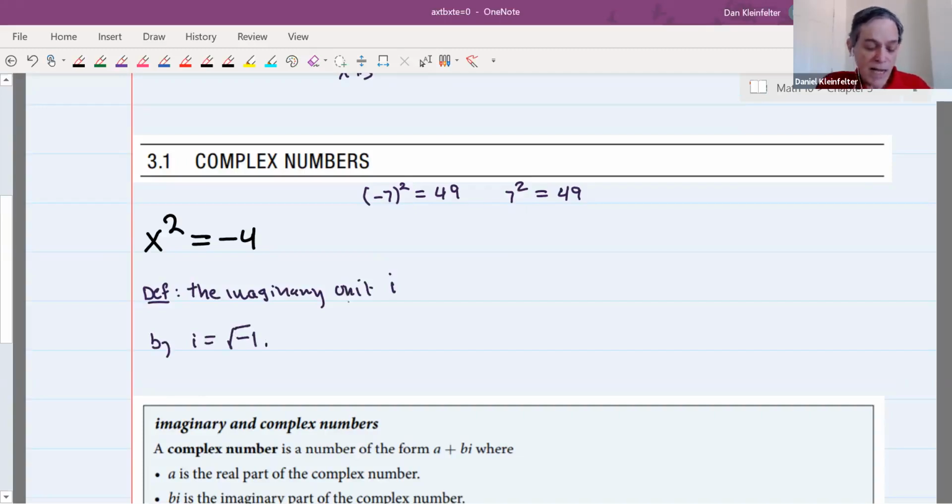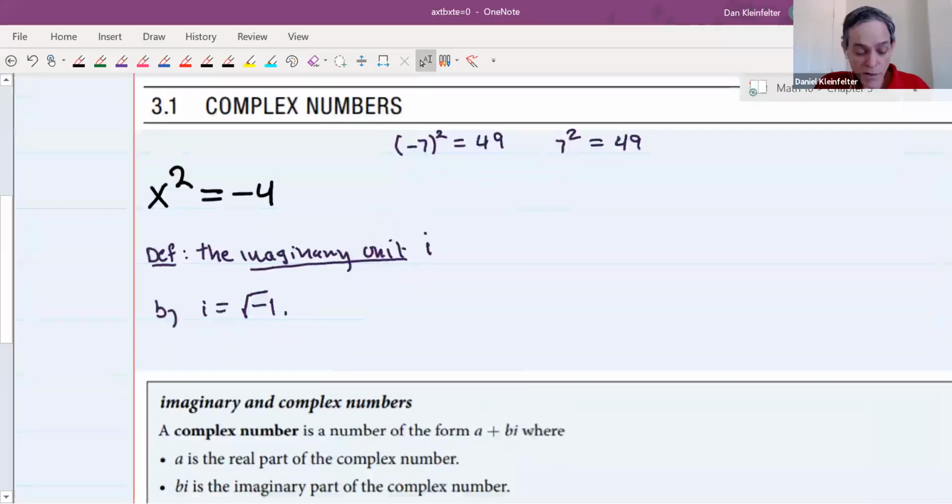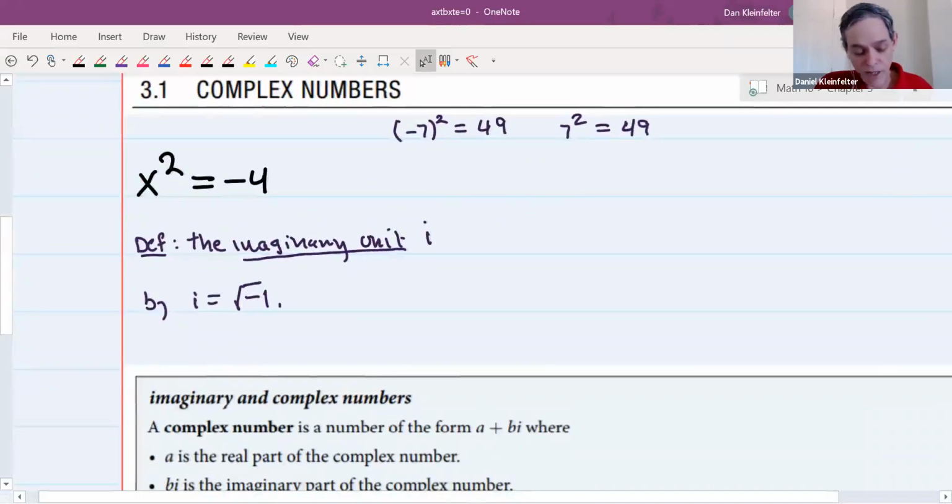When we say unit there, unit is more in the sense of one, like unity or united, not unit like feet, inches, and miles, and gallons. It's not that sense of the word unit. It's more unit as in one. And so we're defining this thing called i, and it's the square root of -1, basically by definition.